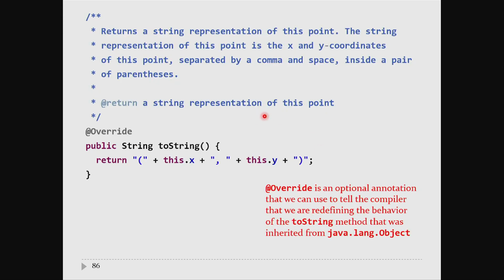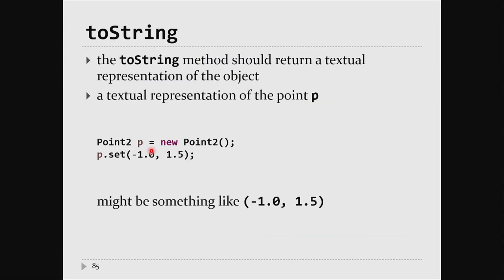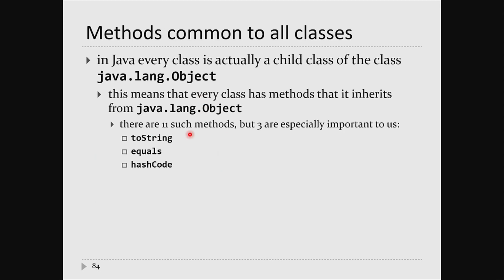So you go ahead and implement toString. If you call toString on this point using our class right now, you're going to get out some gibberish that doesn't mean anything to anybody. But it does work. If you write System.out.println(p.toString()), you get the Object version of toString.